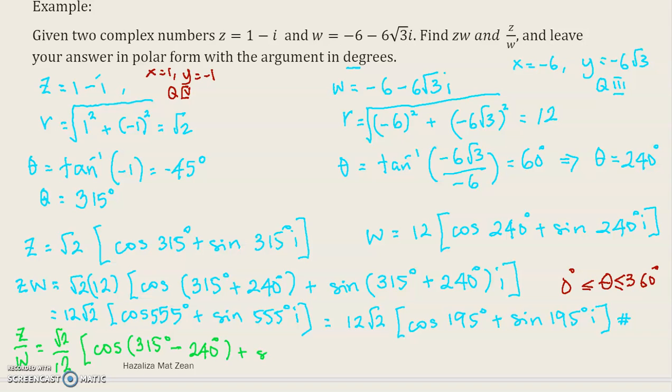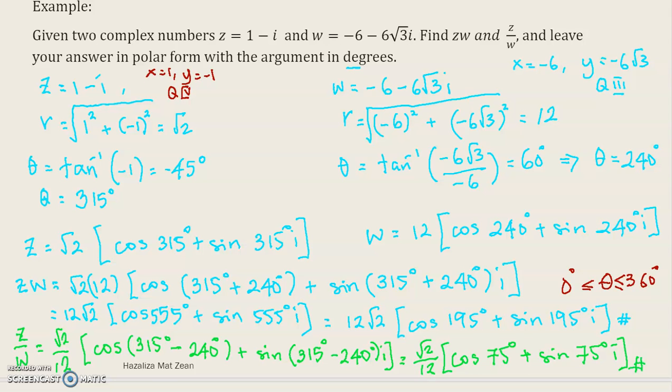For sine it should be exactly the same, so 315 minus 240, with i. The quotient for the complex numbers is 315 minus 240, which is 75. So the answer is cos 75 plus i sin 75. This is the quotient.